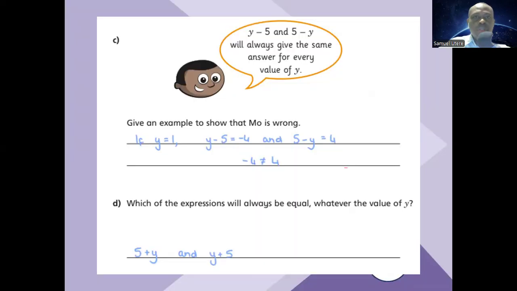Okay, that brings us to the end of our lesson. So what have we learned so far? In substituting into algebraic expressions, you must remember that you can use the bar model to help you understand really simple expressions.